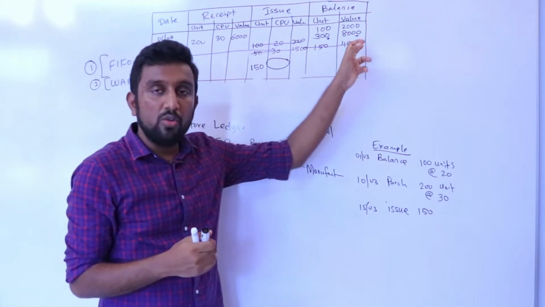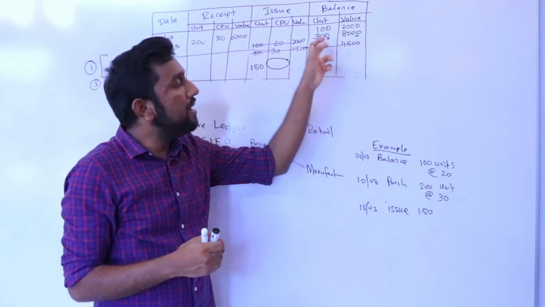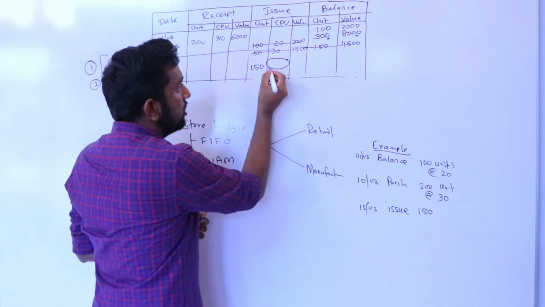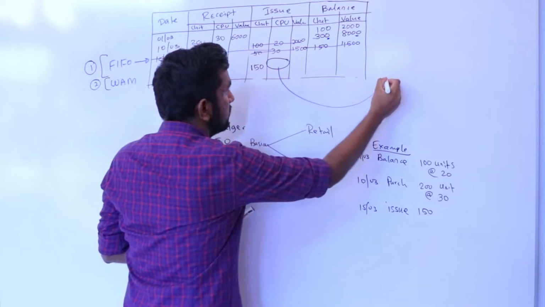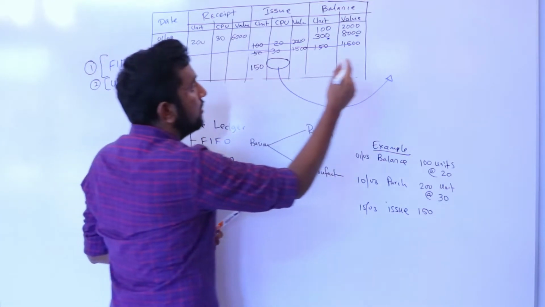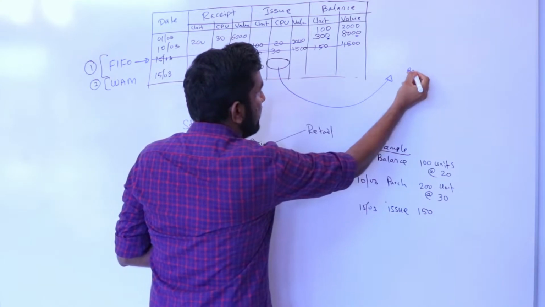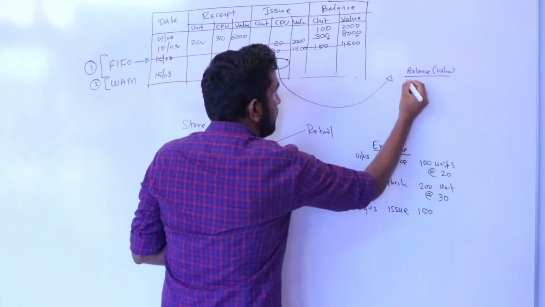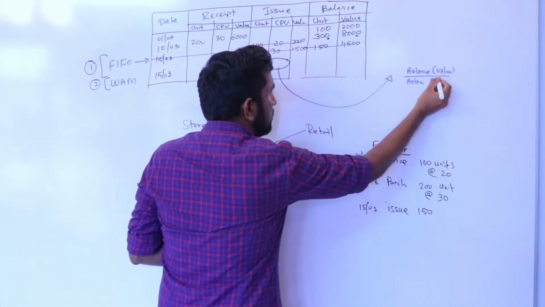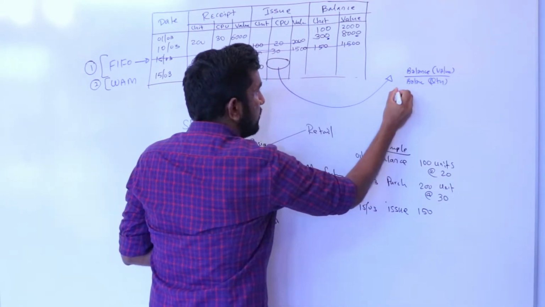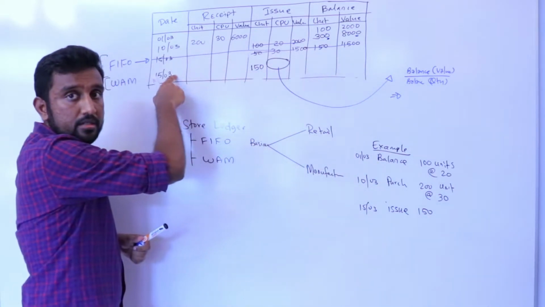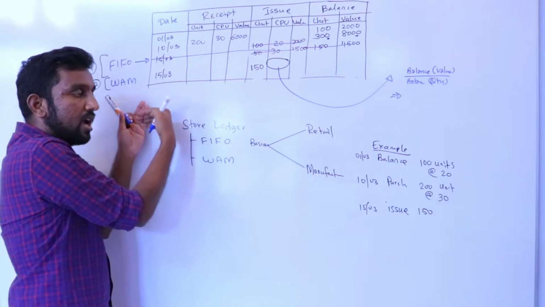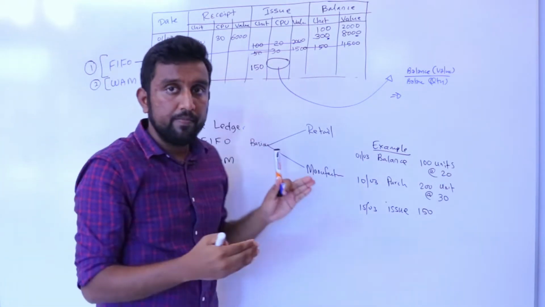So I have a balance of how much value? 8,000. I have a balance of quantity how much? 300. So I have to find the cost per unit as balance value divided by balance quantity. In this example, if you have some other purchase after this date and after that you have some issue again, you have to find it in the same way, right?